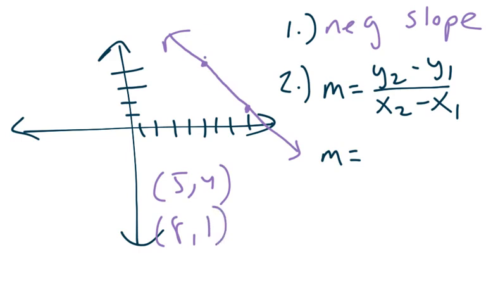Now I'm going to choose to subtract these in a way that's going to avoid negative numbers. So I said it doesn't really matter which one you pick as point 1 and point 2, but sometimes there's a better way. I'm going to try to keep this positive. So I'm going to pick this as x2, y2. Actually, I guess I'm going to end up with a negative somewhere. And this is x1, y1. So here goes nothing.